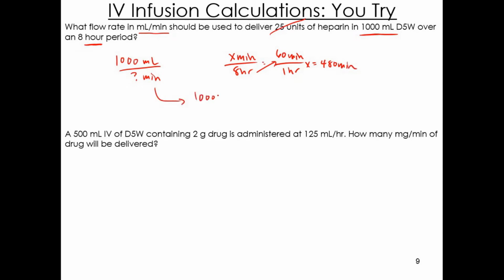So 1,000 mils divided by 480 minutes, and that's 2.1 mils per minute.